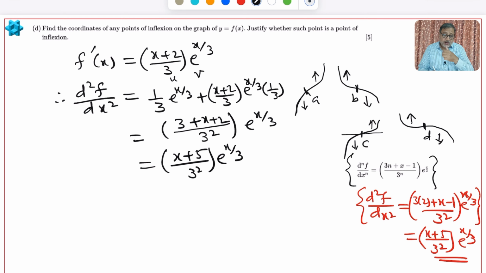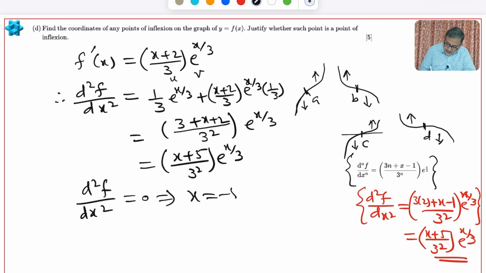Now to check the concavity, we will take the second derivative equal to 0. So d2f by dx square equal to 0 gives x plus 5 equal to 0, so x is equal to minus 5, right? Now at this point we are going to check the concavity.